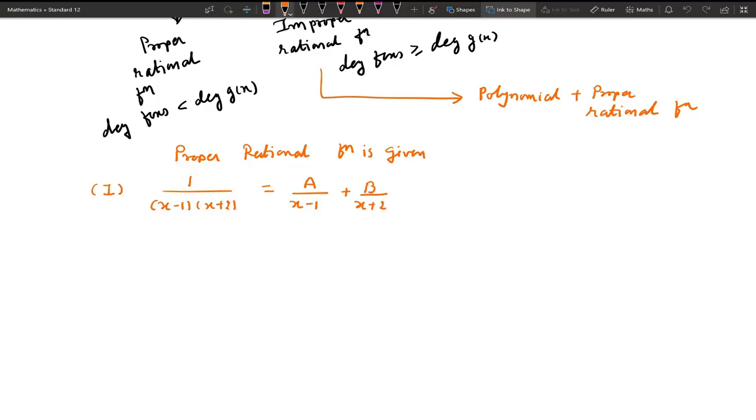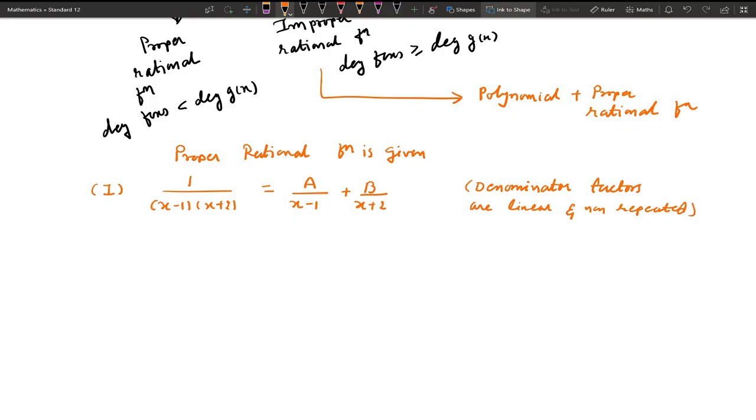You can observe on the right hand side we have two rational functions, and in denominator the factors are linear and non-repeated.